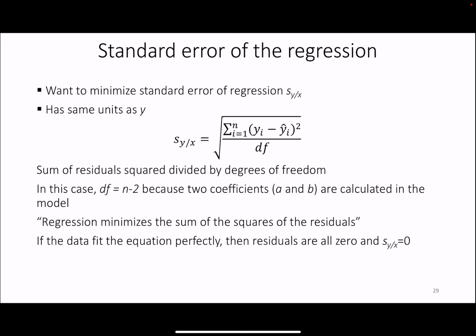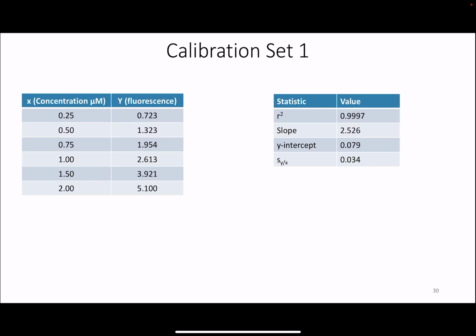So if your data fit the equation perfectly, then your residuals are all 0. And this right here is a measure of your residuals. So if your residuals are all 0, and you square that, you get 0 divided by a number, you end up with a standard error of the regression that's equal to 0. That would suggest that everything is perfect. So in this case, you can calculate for this data set, it's 0.034.